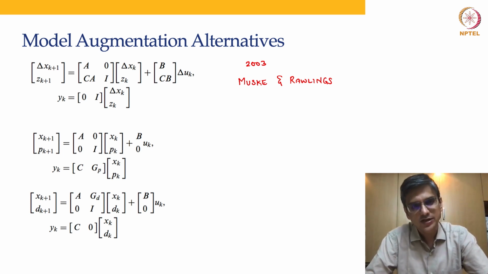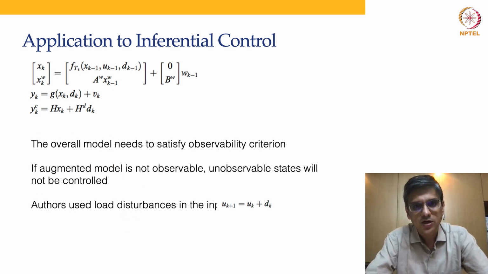Input disturbance model is very much like a state disturbance model, with the difference that the disturbance matrix is the same as the input matrix. Okay, and that's what they have done, and for the overall model they have ensured that it satisfies the observability criteria.